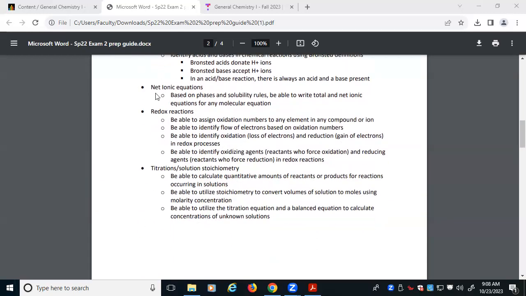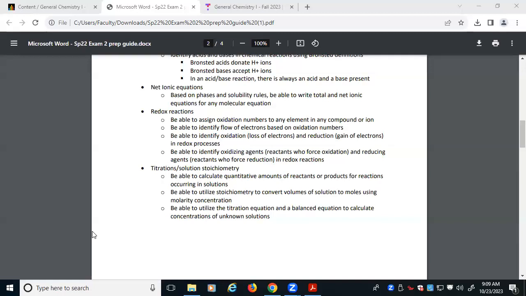The big concepts out of module 5: net ionic equations, because they build off of all those previous concepts of electrolytes and identification. Redox reactions, being able to assign oxidation numbers and identify oxidizing agents and reducing agents.